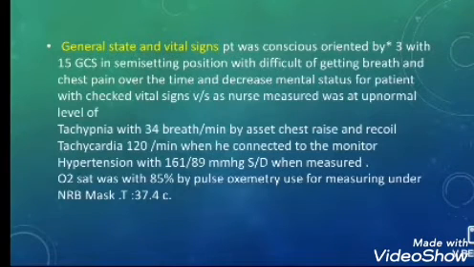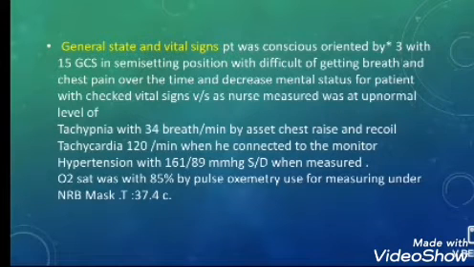General state for this patient with vital signs. The patient was conscious and oriented times 3 with a GCS of 15 on the Glasgow Coma Scale, with difficulty breathing and chest pain decreasing his mental status.